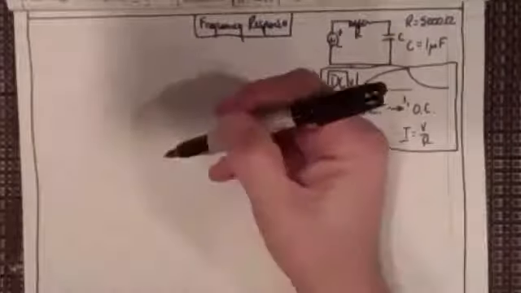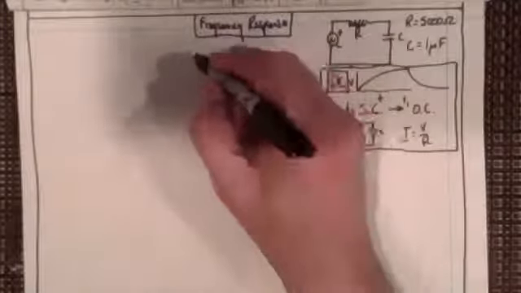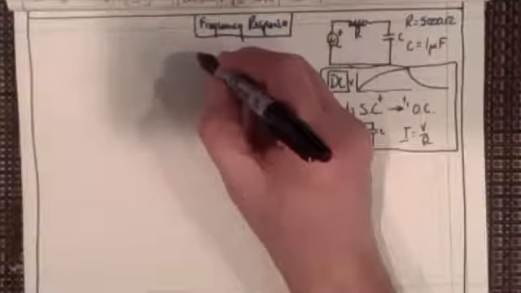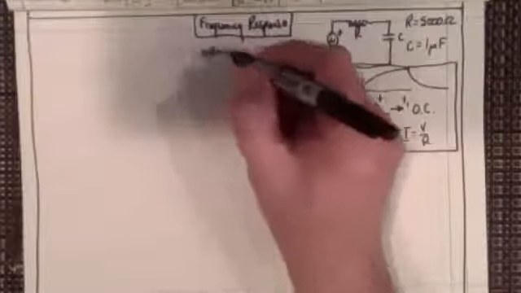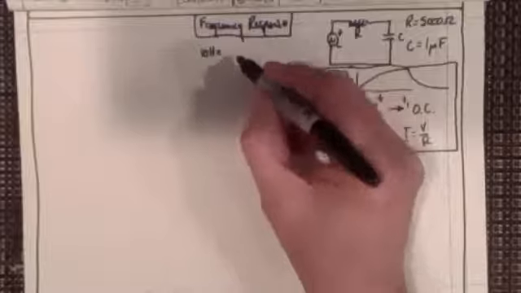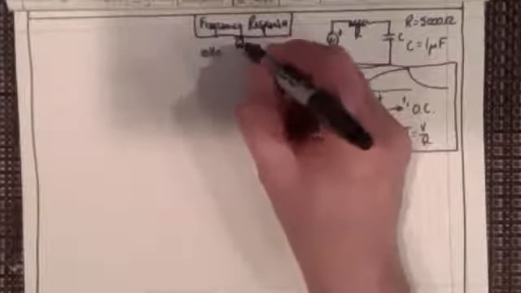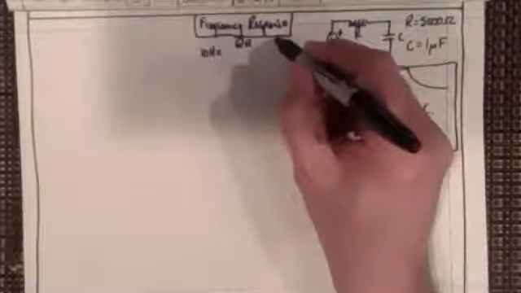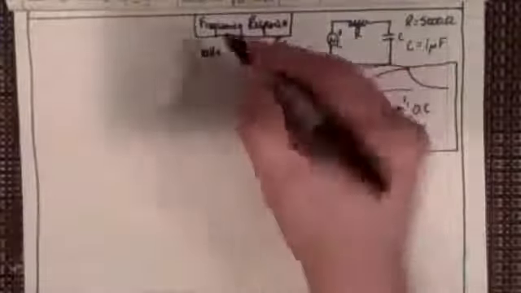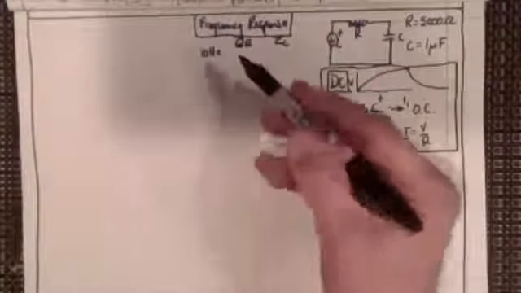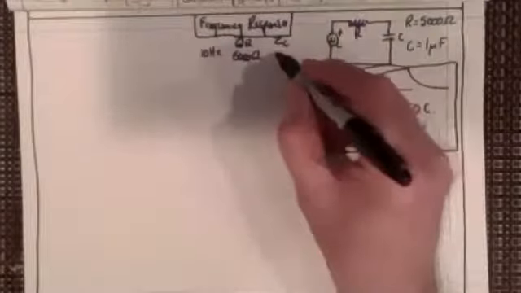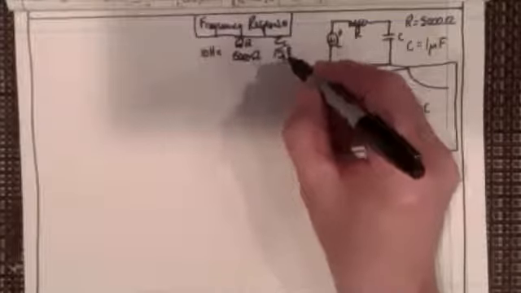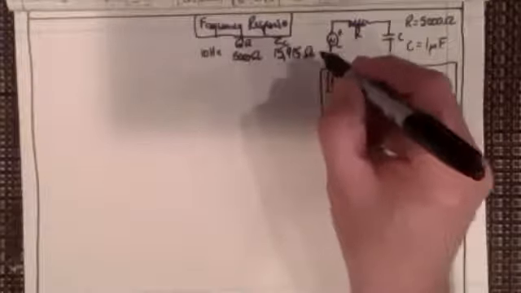And we found a couple things out at a variety of different frequencies. At a very, very low frequency, at 10 hertz, if we look at the impedance of the resistor here and the capacitor impedance here, we still have the 5,000 ohms for the resistor, but over here, we have 15,915 ohms.